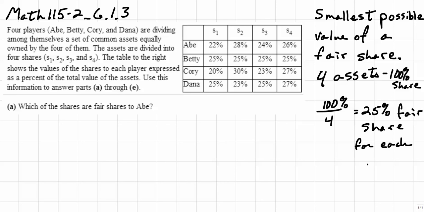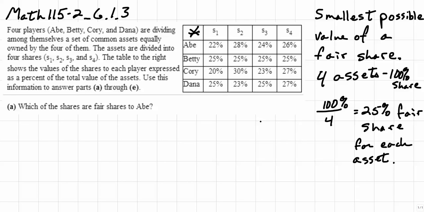Now that doesn't mean that each player is going to consider 25% to be a fair share for each asset. In fact, if we look at the table right here, we'll see that Abe looks at S sub 1 as 22%, S sub 2 as 28%, S sub 3 as 24%, and S sub 4 as 26%.